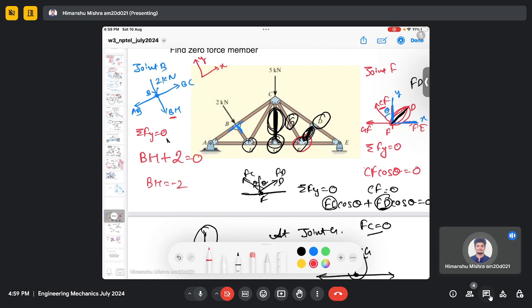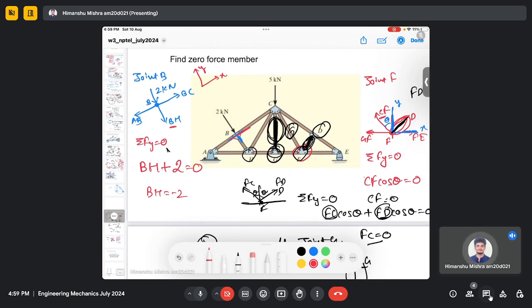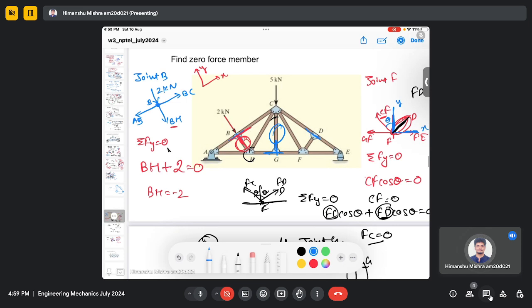So as we discussed, for a perpendicular kind of joint, the force in the perpendicular member is always 0, but here it is not 0 because there is an external force acting. So this concept is only true when there is no external force, like here. This is my perpendicular joint, but the force in this member is 0.